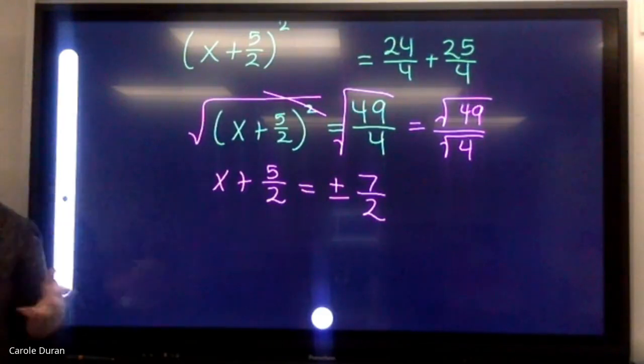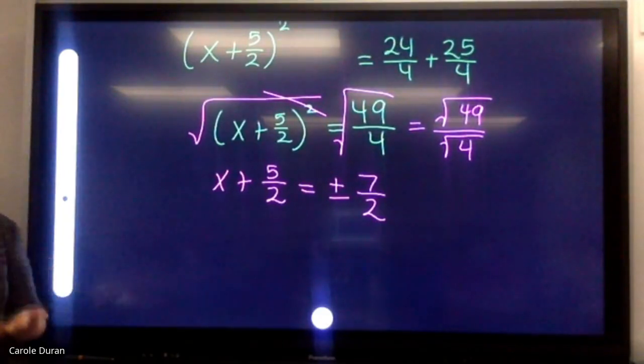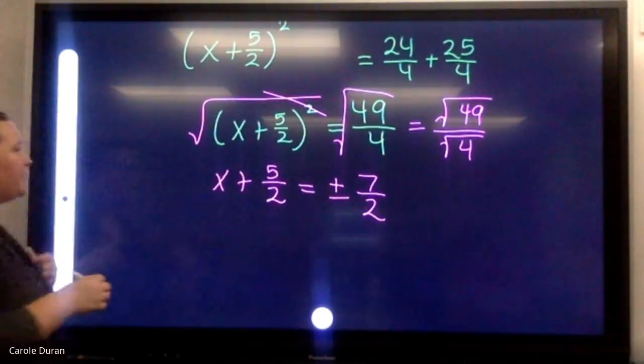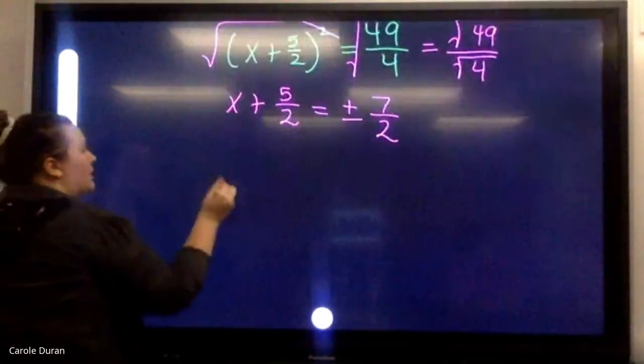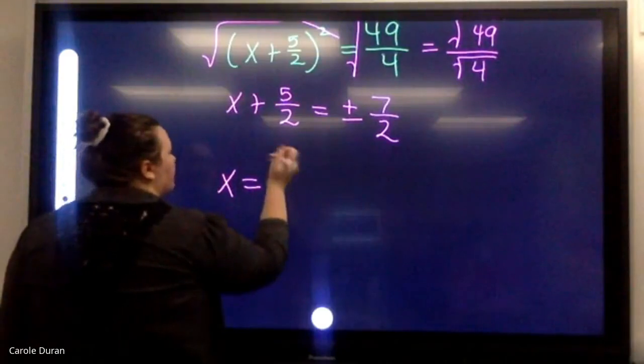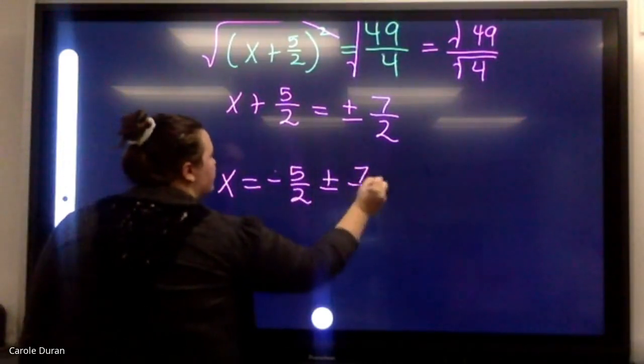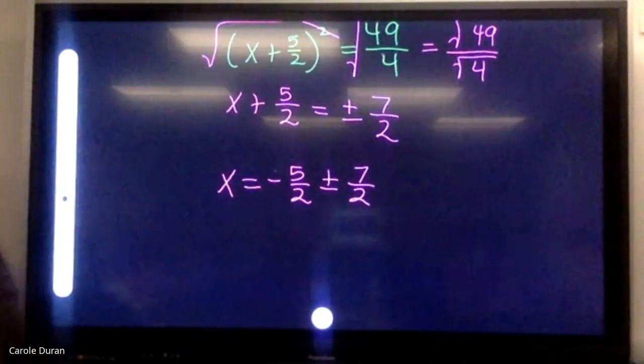Okay, but we are not finished because my x is not by itself. So I still need to subtract this 5 over 2 to the other side, which leaves me with x equals negative 5 over 2 plus and minus 7 over 2. And then I can put it together.